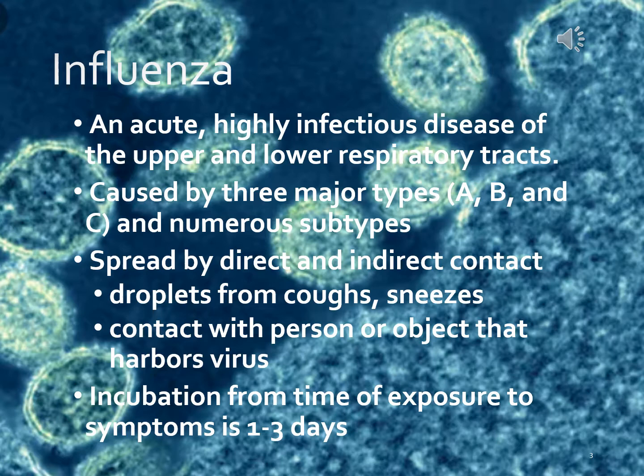Influenza is spread by direct and indirect contact. It's spread by droplets from coughs and sneezes, and you can get it from contact with the person who has it or on an object that harbors the virus. Remember, those objects are called fomites, things that viruses and bacteria stick onto and live on.